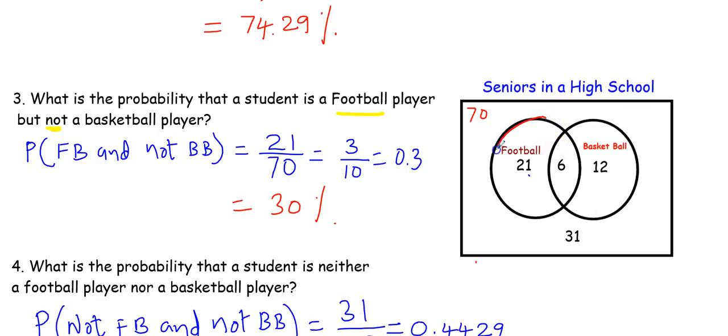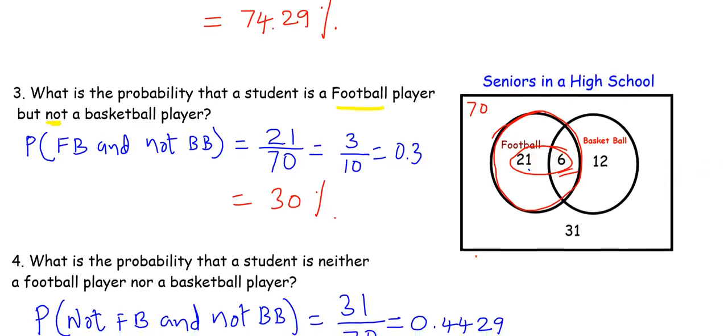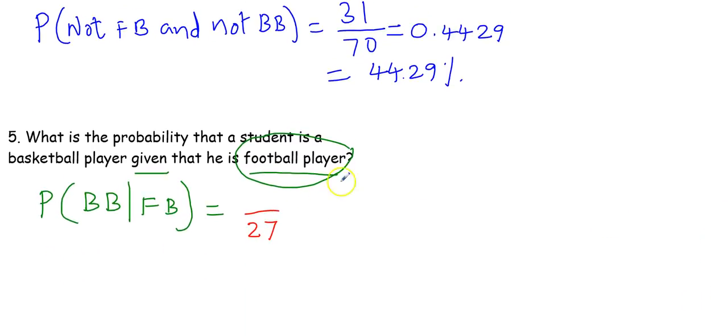Out of these football players, how many of them are basketball players? You know there are 6. 6 out of 27 are the basketball players. That's what I have to write here: 6 out of 27.